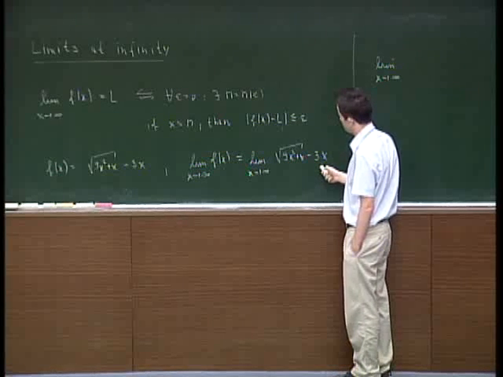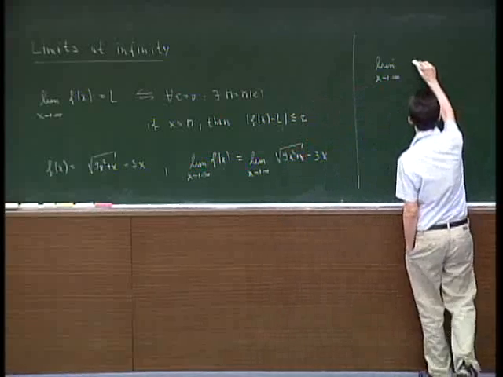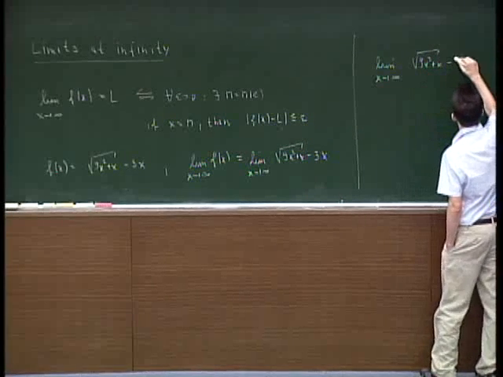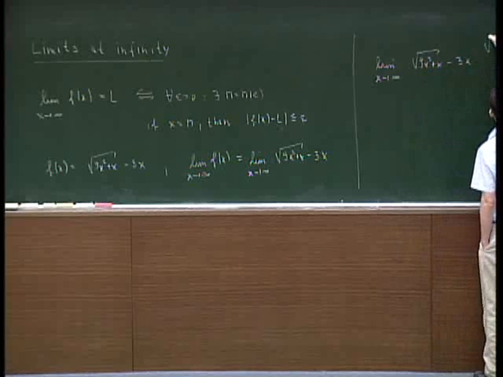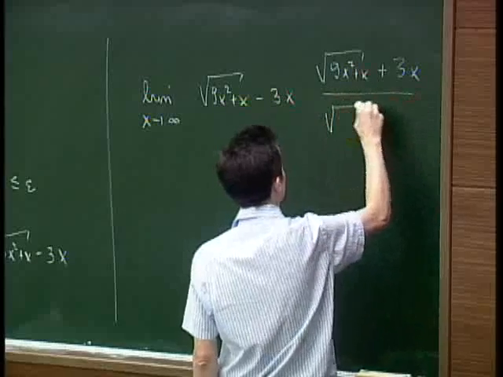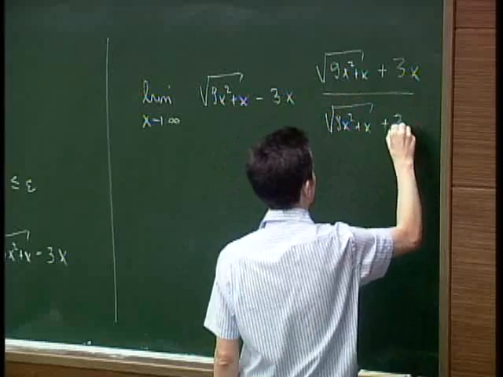You multiply this function with the square root of 9x squared plus x plus 3x, and divide by this expression. So you have the function square root of 9x squared plus x minus 3x, and then you multiply with the square root of 9x squared plus x plus 3x over the square root of 9x squared plus x plus 3x.